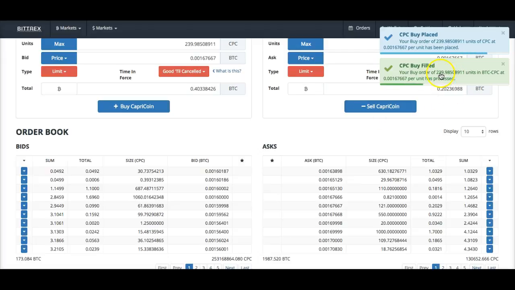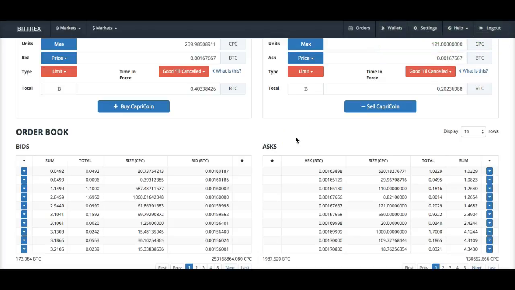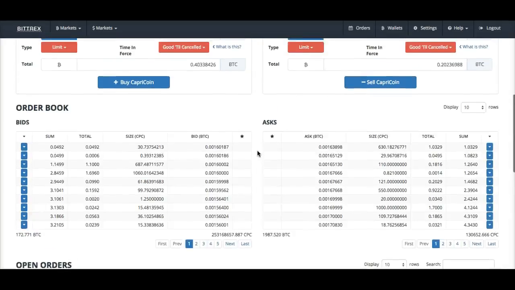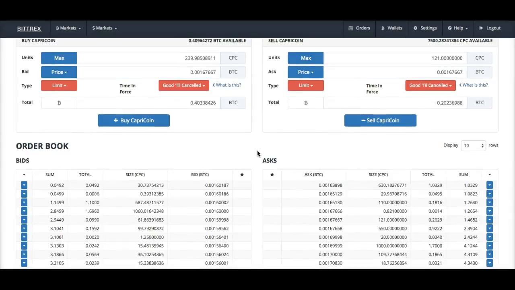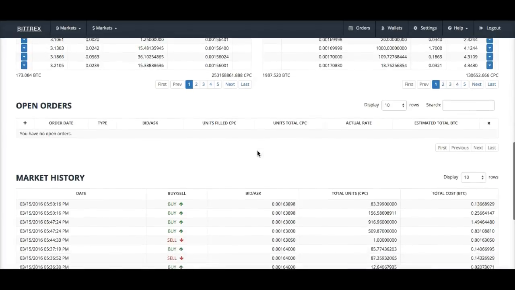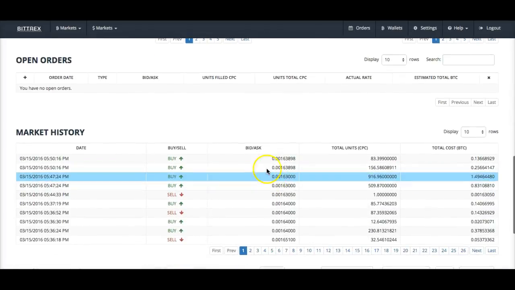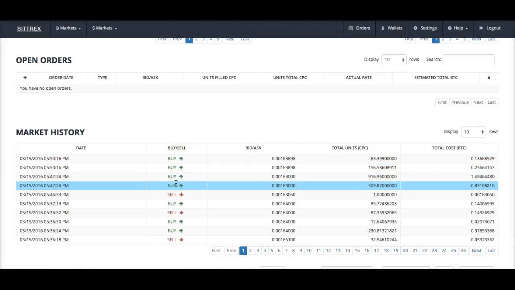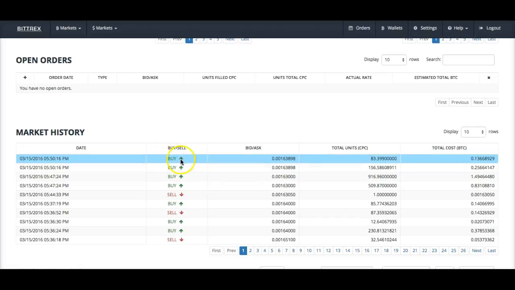Okay, so it automatically populated because there was actually more to sell here than what it's showing. That can be from bots or from different things, but that's fine. It's going to take a little bit for it to populate down here in the market history, but it's going to be in the buy side of this.